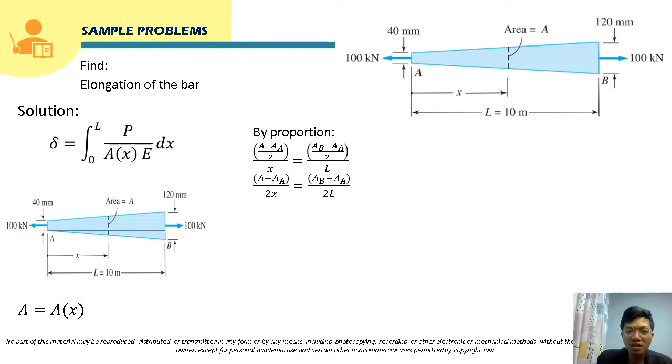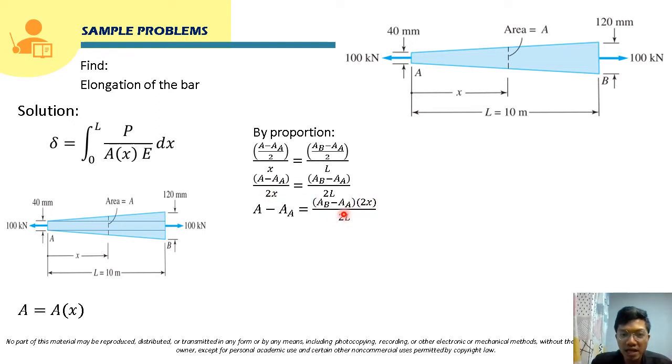Solving that, we can bring down these two. So this will become (A minus A_A) over 2x is equal to (A_B minus A_A) over 2L. Here we can cross multiply, so that it will become (A_B minus A_A) times 2x over 2L.